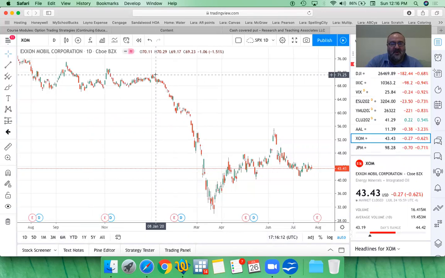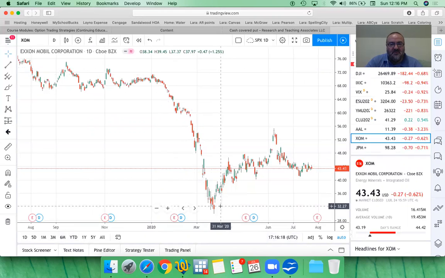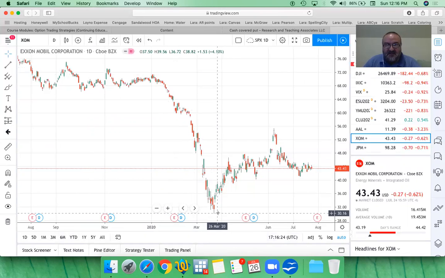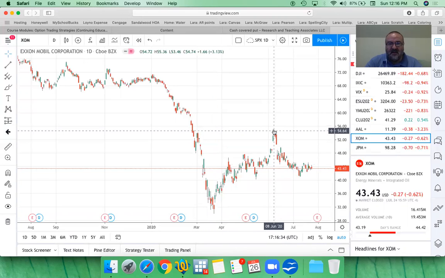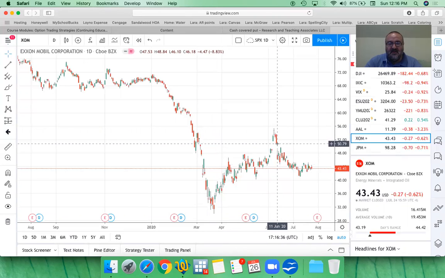So the price of Exxon went from $70 or $75 range average all the way down to a low of about $30. But because of the stimulus packages and the expectation of a market recovery, there's an expectation in the market that the price might bounce back. However, notice how right here the price has tried to come up but failed, and now we are on an average course of about $43.